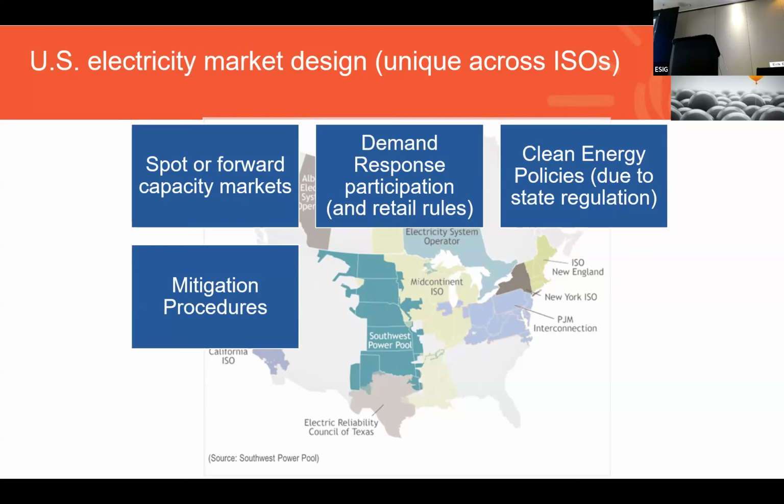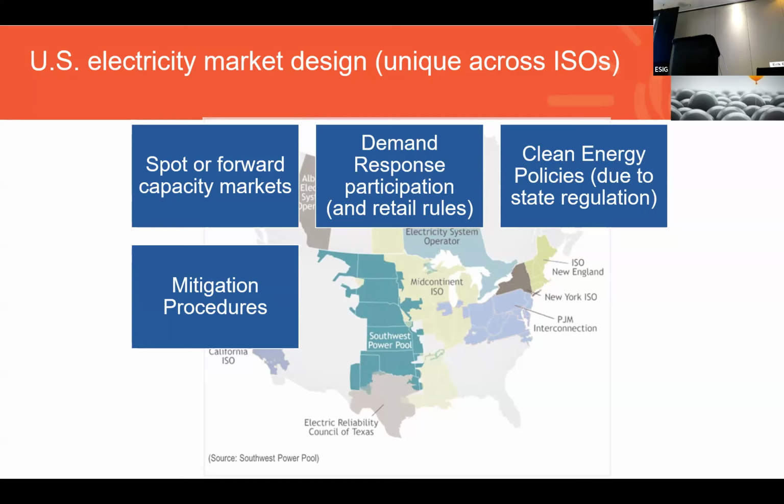Mitigation procedures. One thing that goes hand in hand with nodal pricing is automatic mitigation procedures. If there is a resource that has market power in a part of the grid that is constrained and can otherwise set the price to whatever it wants, there have to be these automatic mitigation procedures.